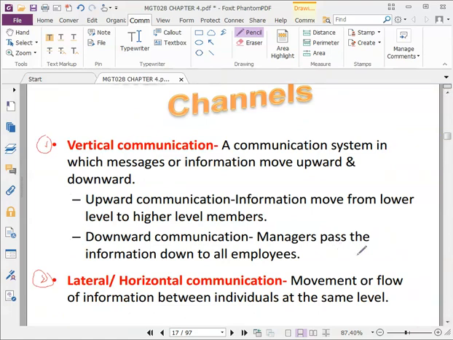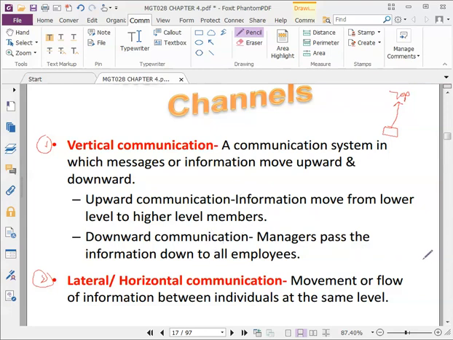Okay. So vertical macam mana? Okay, a communication system in which message or information moves upward and downward. Okay. Upward communication, information moves from the lower level to the higher level management. Okay, that is upward. Upward tu maksudnya daripada staff yang bawah kepada top level management.